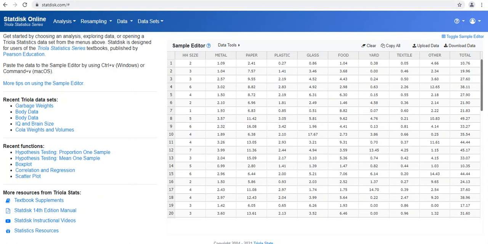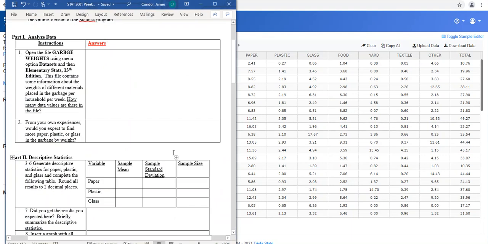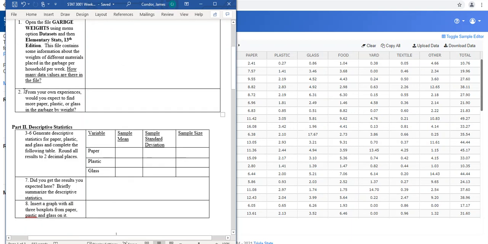Again, I'm going to have to go back and forth here. Number 2 just says, let me back up, how many data values are there in the file? Every one of these numbers is a data value.